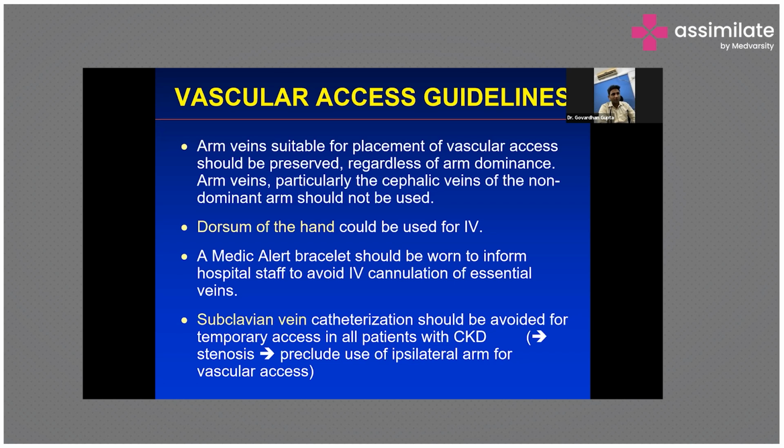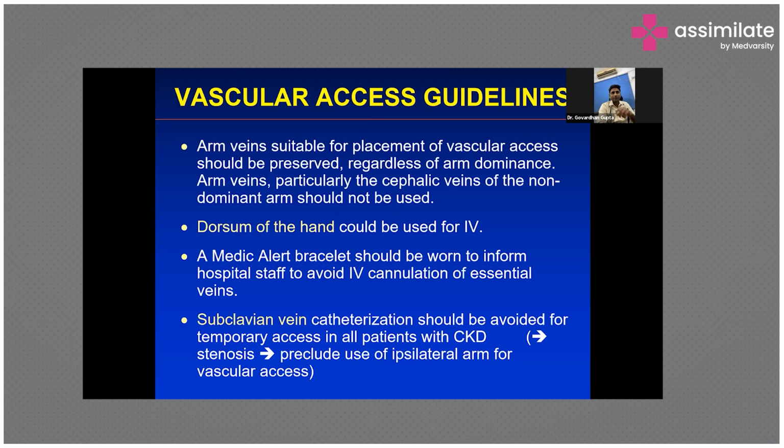Subclavian vein catheterization was famous a few decades ago, but it is not so famous right now, because the internal jugular veins are easily accessible. Guided catheter placement is possible in the internal jugular veins, and it is not that easily possible with the subclavian veins, because with ultrasonography we can put the probe here and see where we are going while dealing with the internal jugular vein.